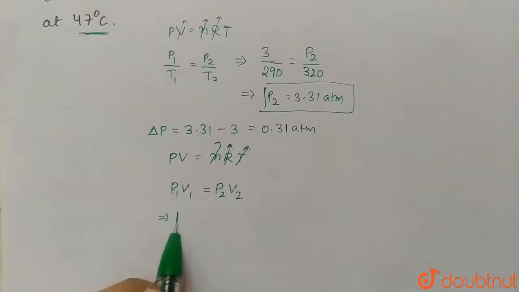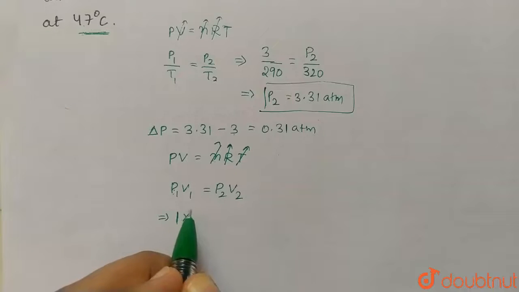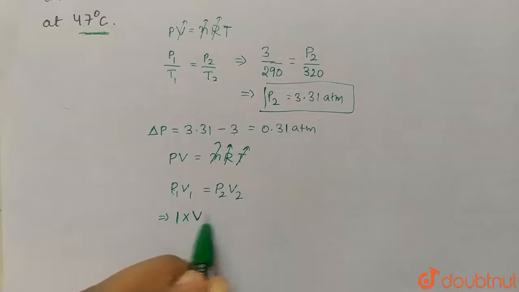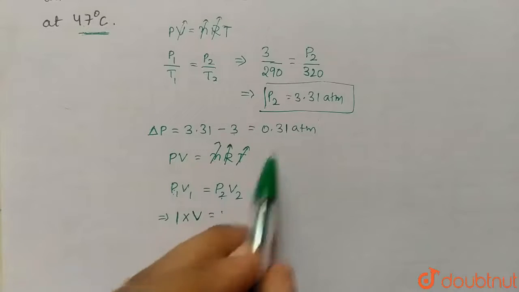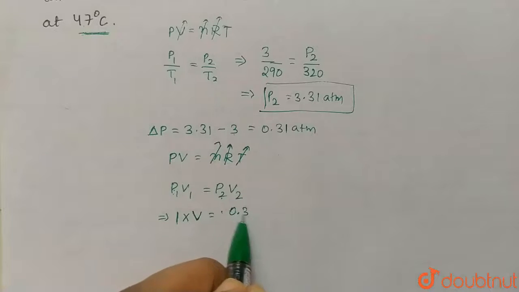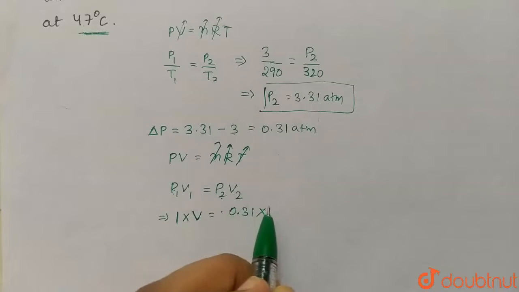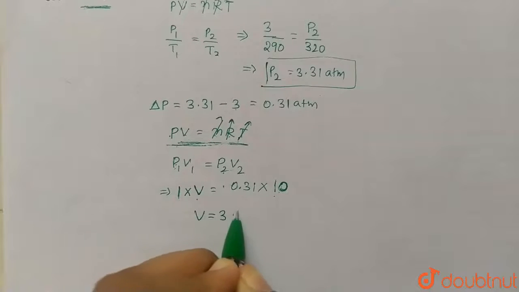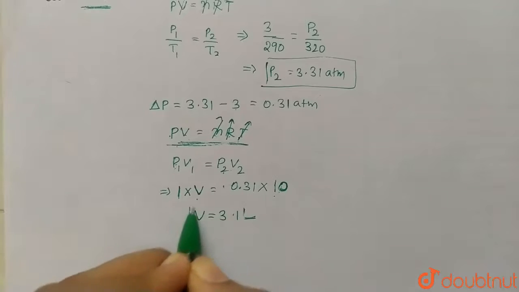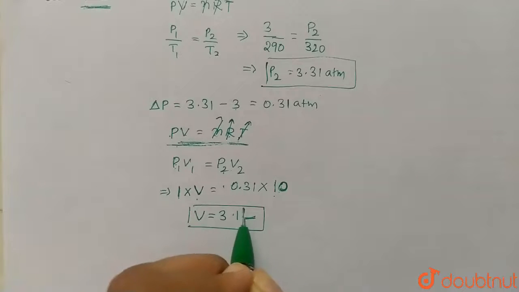So here we put pressure as 1 atm and the volume we have to find out, and then we have P2, which is delta P, 0.31, and then we have V2, which is 10. From here we can see that V will come out to be 3.1 liters. So our answer is 3.1 liters.